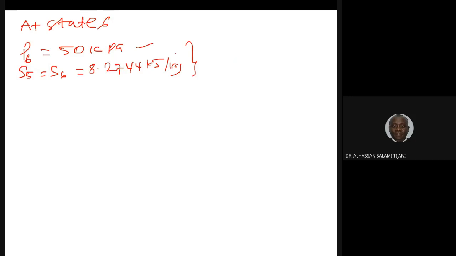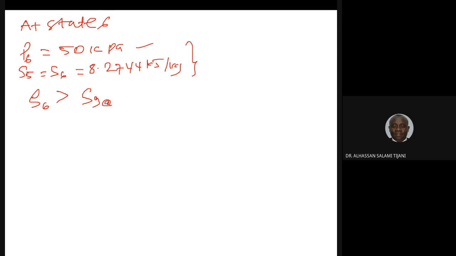If you do that carefully, S6 was always greater than Sg at the given pressure.